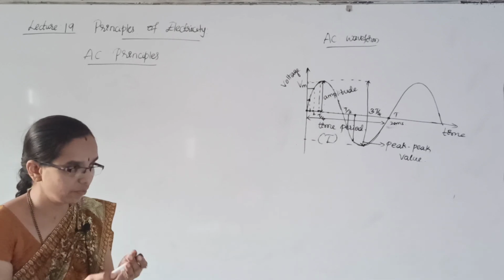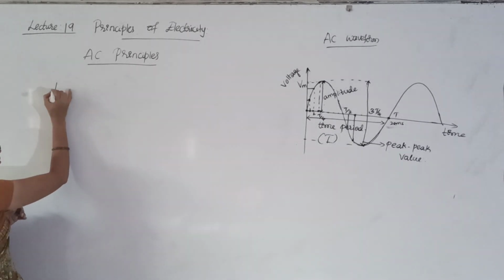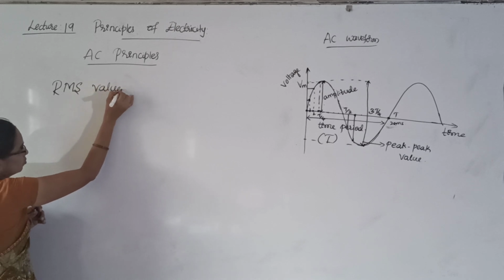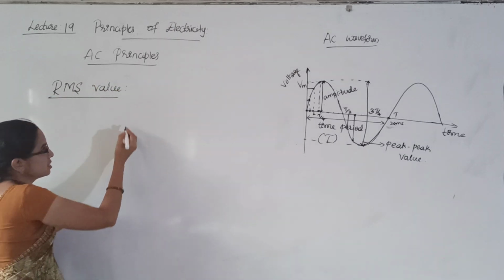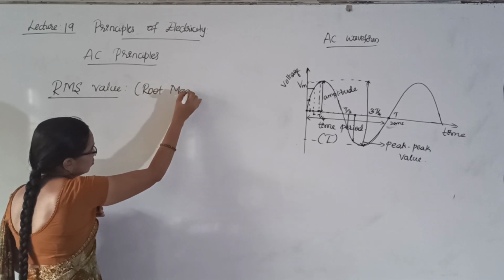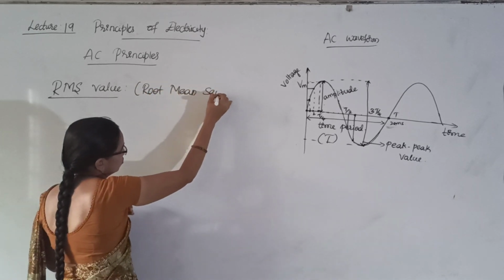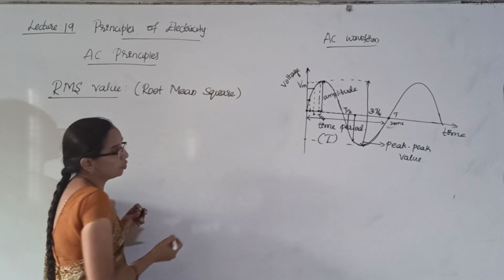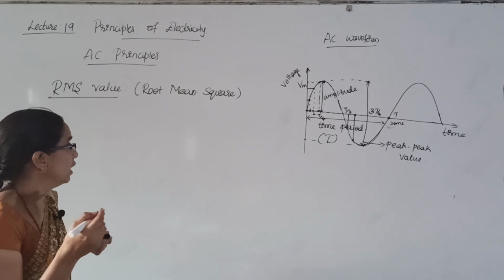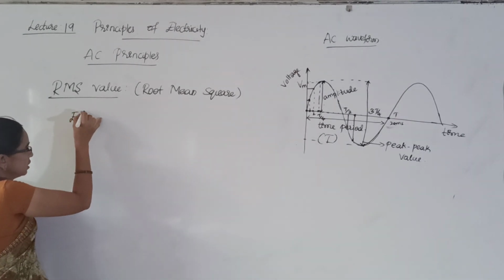The next and very important one is the RMS value of an AC signal. RMS means root mean square value. It is also called the effective value of AC.